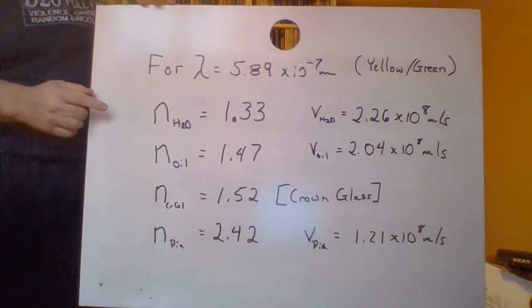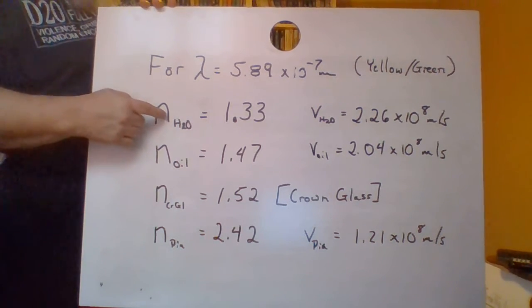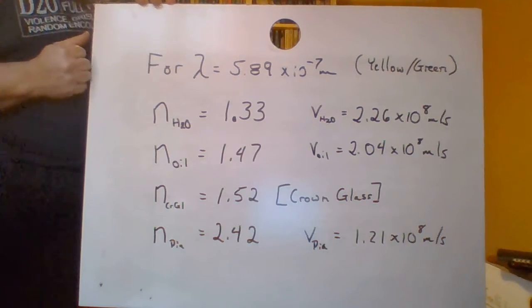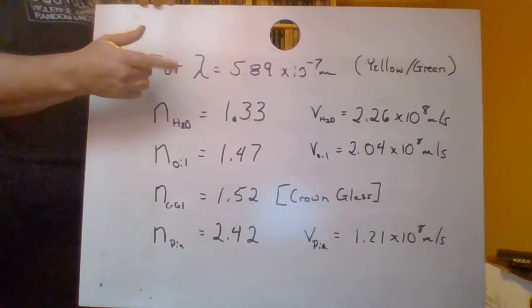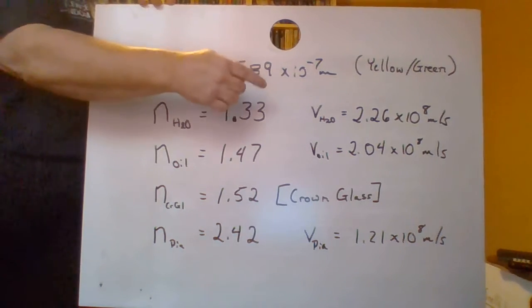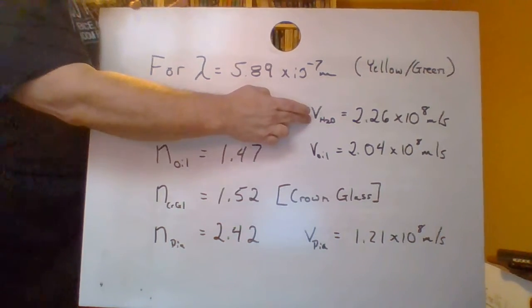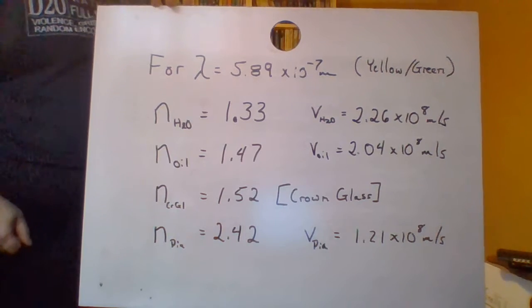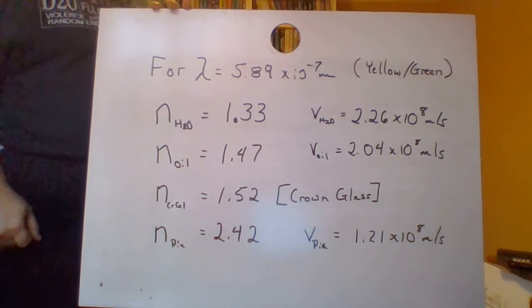So if we look at water, the absolute index of water, H2O, is 1.33 for that wavelength, which if you use the equation, n equals c over v, and solve it for v_m, in this case, the m would be water, you'd get a speed of 2.26 times 10 to the 8 meters per second.